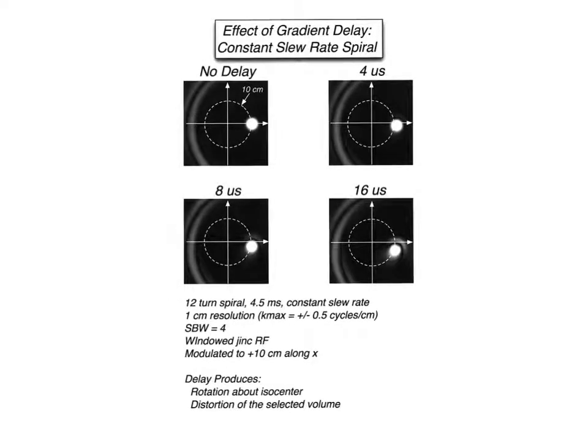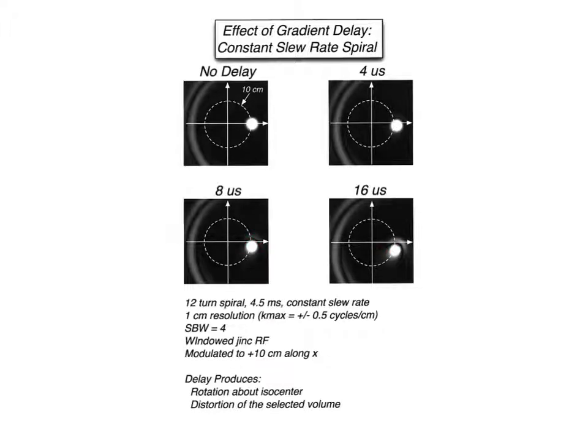Here's a more practical case of a constant slew rate spiral. A constant angular rate spiral isn't particularly time efficient, but a constant slew rate spiral runs as fast as you can possibly drive the gradients. So this is more representative of what we would see in practice. Here's with no delay, then 4 microseconds, a slight rotation, but not much other distortion. But then you see, as compared to the constant angular rate spiral, that you start to not only see this rotation, but also additional side lobes that pile up.